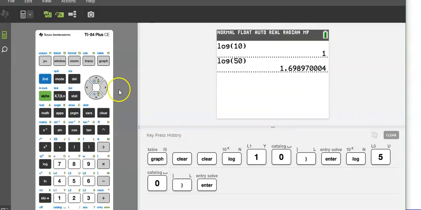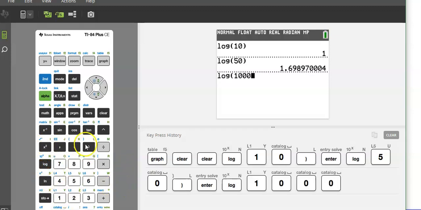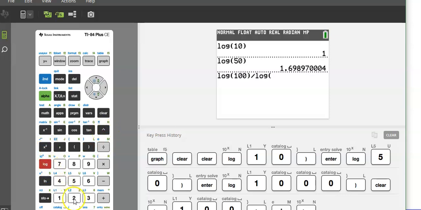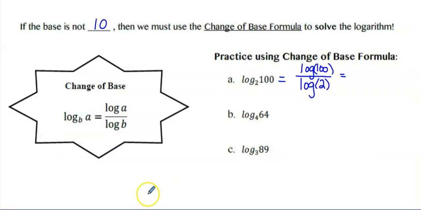Let's go over there and do that. So we would enter log 100, close parentheses. Whoops, and I entered too many. Let's try that again. Log 100, close parentheses, divided by log 2, you don't have to close parentheses in the denominator, equals, and we get 6.644.